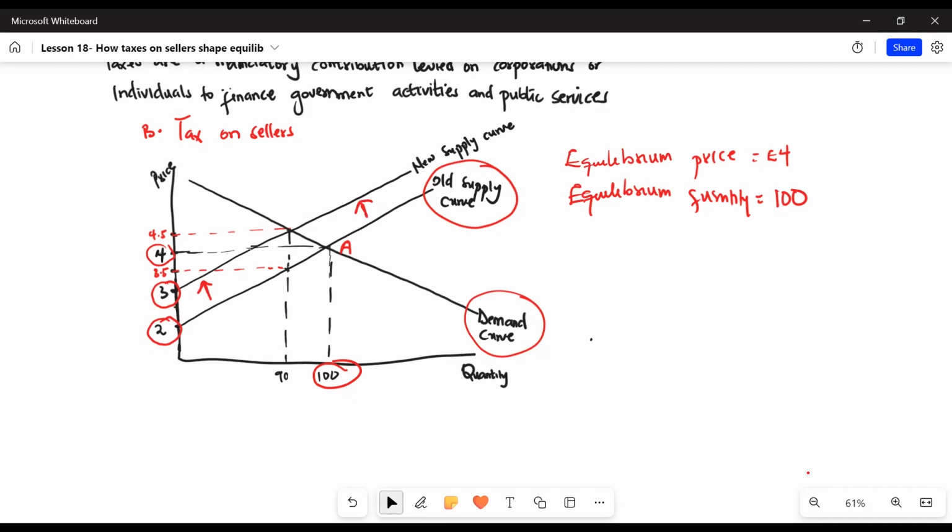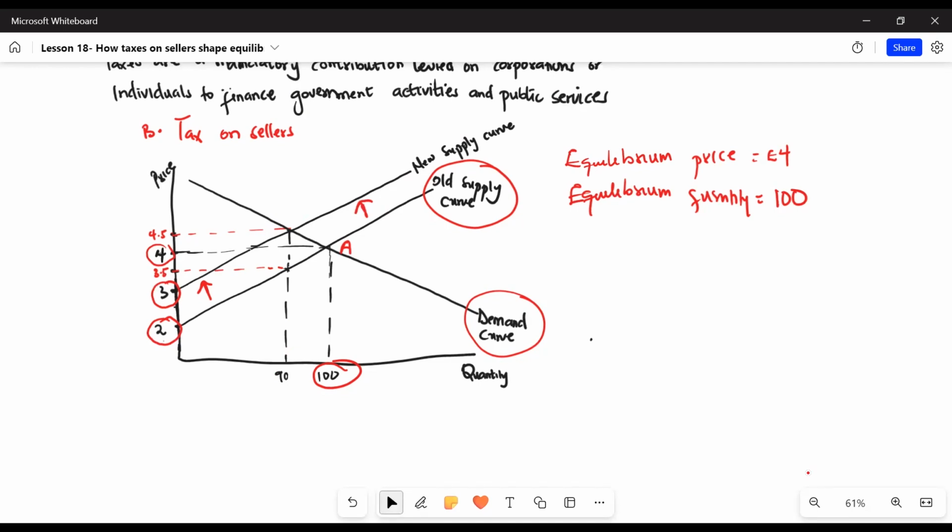So when you're considering taxes, it's much easier to say that the supply curve will go upwards when there's a decrease and will go downwards when there is an increase. So in this example, taxes are going to shift the supply curve upwards, increasing the intersection from 2 to 3.